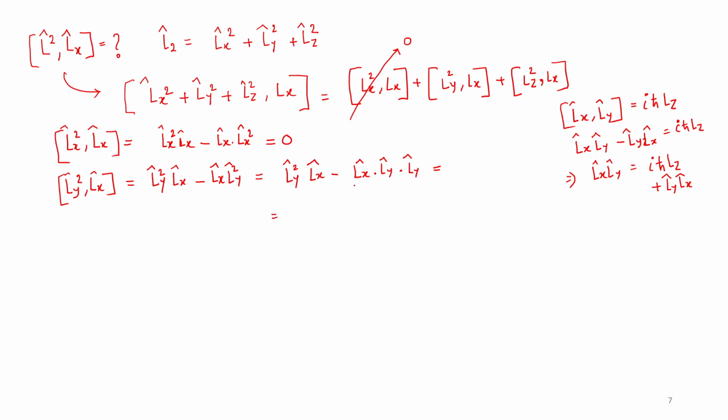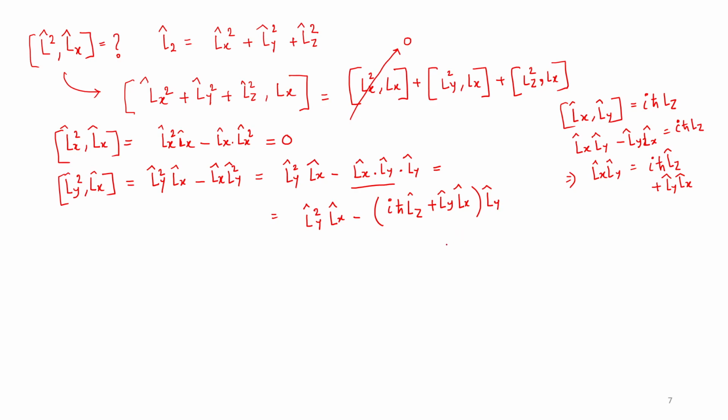We'll just replace this value here: Ly square Lx minus iħ Lz plus Ly Lx, and it is multiplied on the right by Ly. We can't forget it.